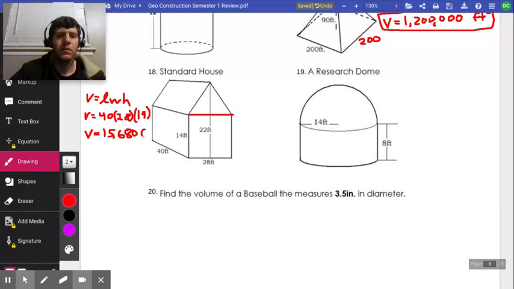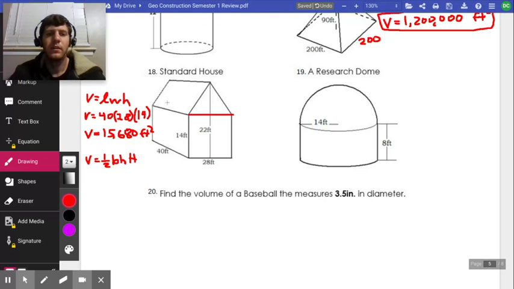Okay, the volume for the triangular prism is going to be the area of the base, which is 1/2 base times height, right, and then times the distance between the bases, which I'm going to call capital H height. Okay, so this is 40.